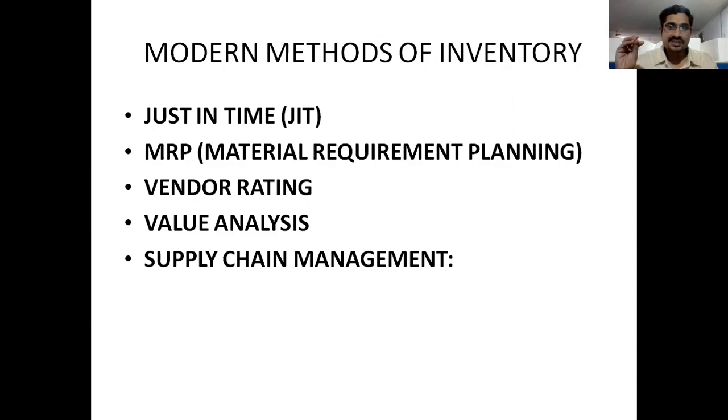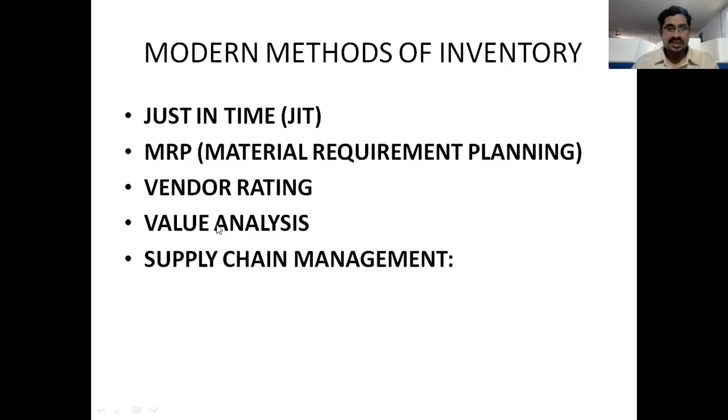These 5 factors are based upon the performance of the suppliers, the performance of the vendors, right? This is all about vendor rating.